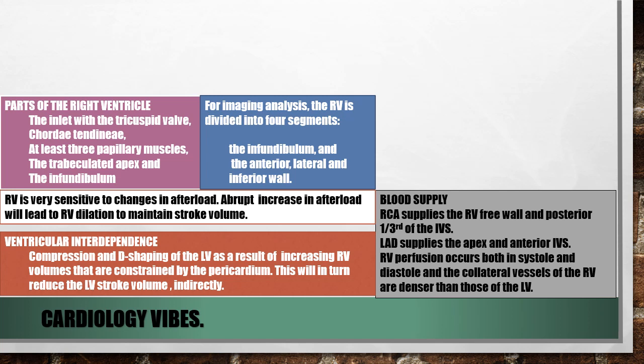The right ventricle is perfused both during systole and diastole, in contrast to the left ventricular perfusion, which mostly occurs during diastole. The other difference is that the collateral vessels supplying the right ventricle are denser than those of the left ventricle.